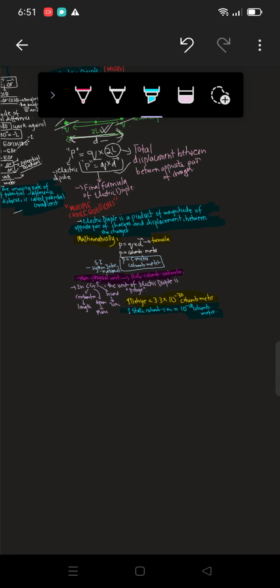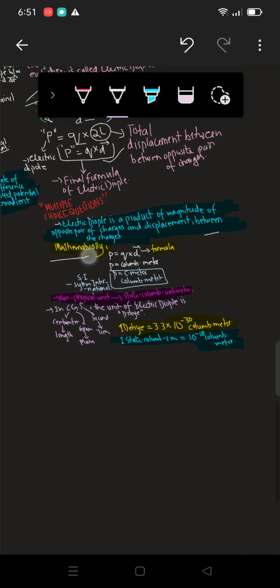So what we have discussed today is the units of the electric dipole. Initially I told you another definition of the electric dipole: a product of the magnitude of the opposite pair of charges and the displacement between them. How can it be written mathematically?